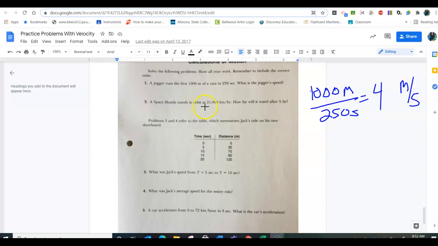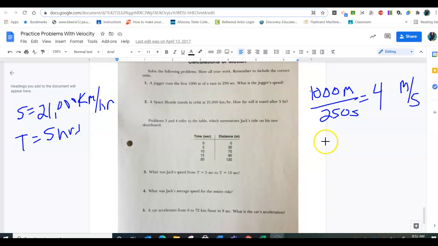A space shuttle travels in orbit at, so in number 2, we know the speed is 21,000 kilometers per hour. How far will it travel after the time is 5 hours? So if we look here, speed is distance divided by time.